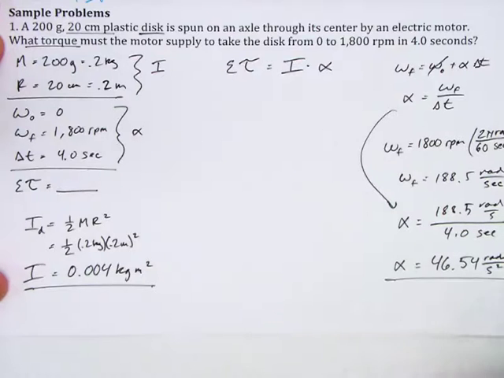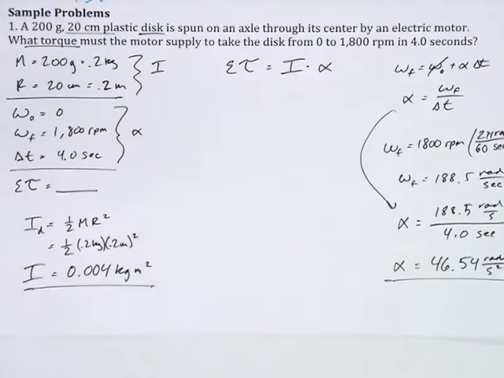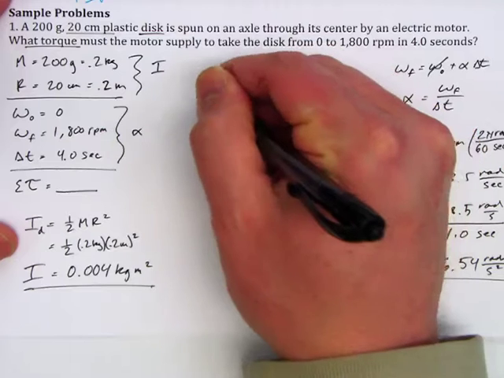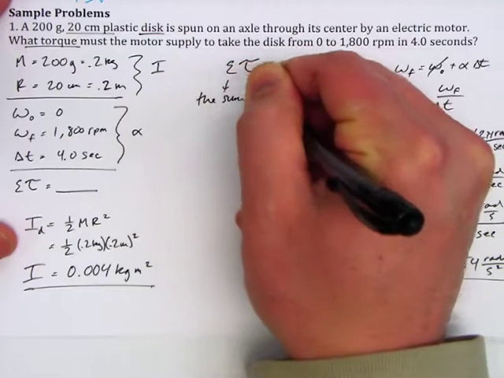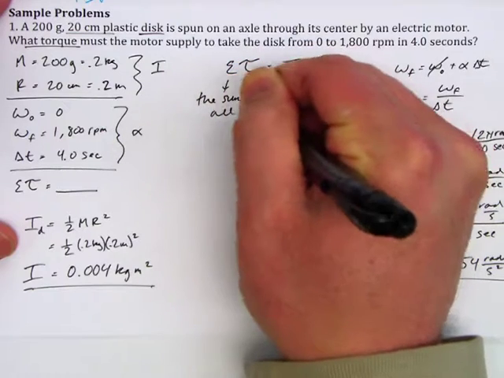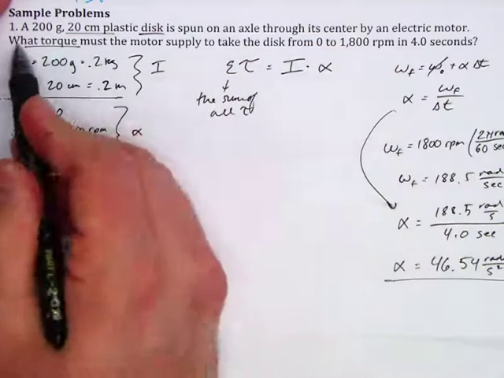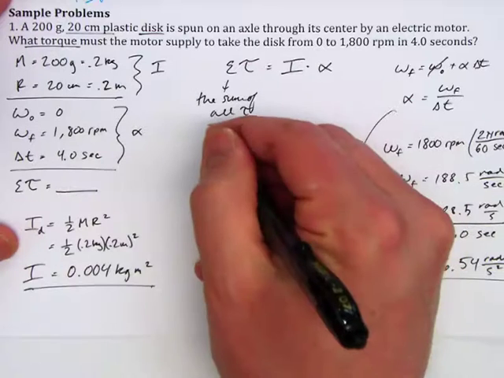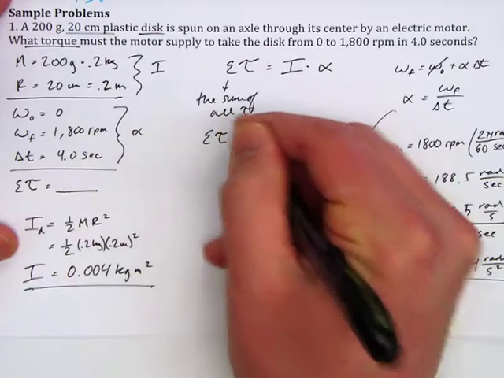All right, so I have alpha. Now the net torque, now if I had multiple forces, the net torque, remember, is the sum of all torques. But I don't. I just have the torque exerted by the motor. So this just is the net torque.